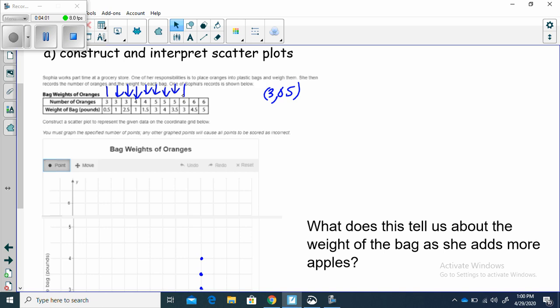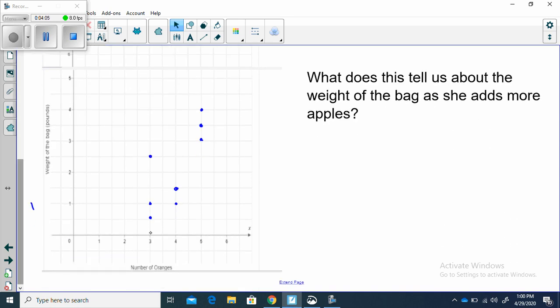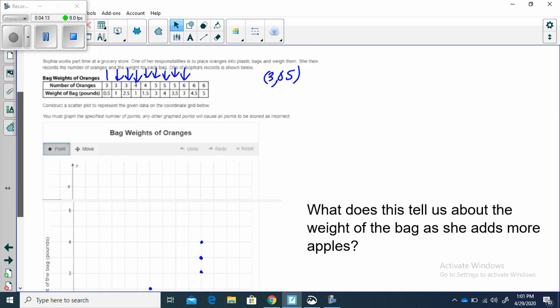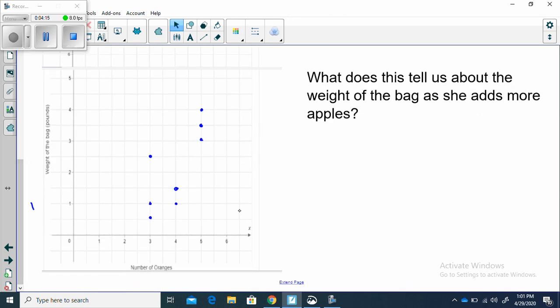Then she put in 6 oranges, and she got a weight of 3 pounds. So these are small oranges, right? Oranges that don't weigh much. 6 oranges, 3 pounds.